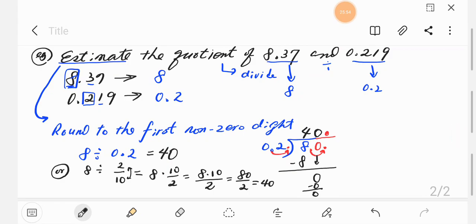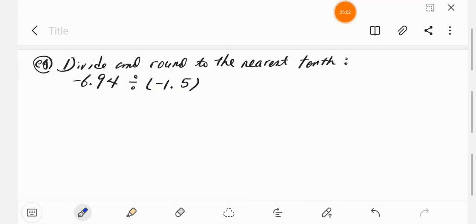First, change the number to the estimated number. Okay, let's divide this number and round to the nearest tenth. Okay, nearest tenth, so we need up to the 100th digit, right?